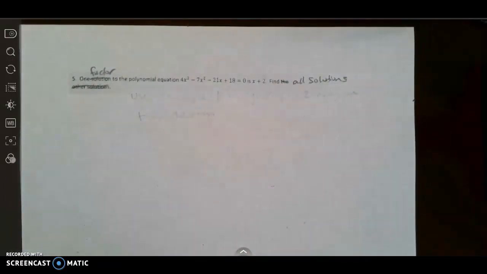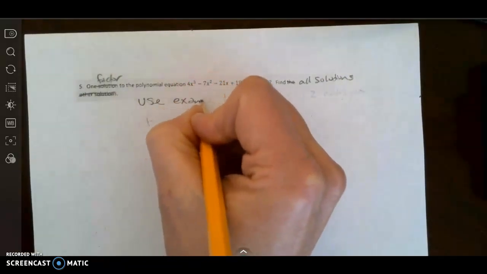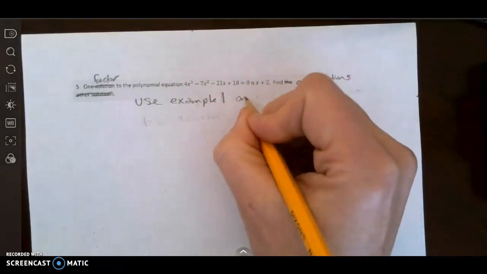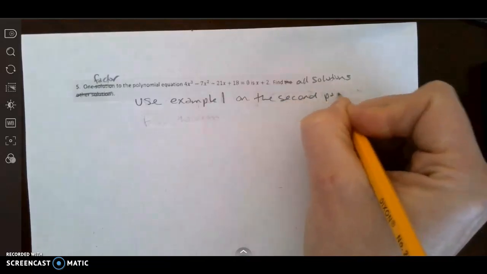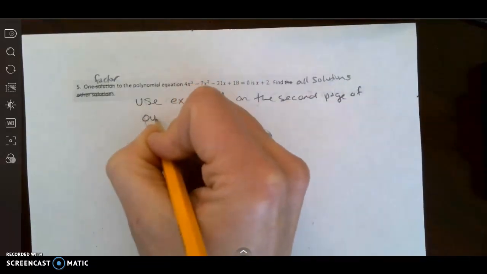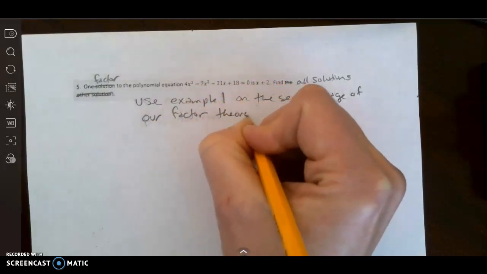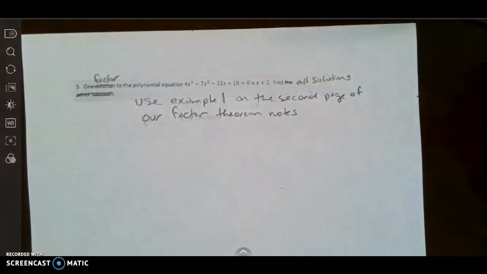For number 5, you are going to use example 1 on the second page of our notes. It's the exact same process. Follow all of those steps. Go through all 4 steps.